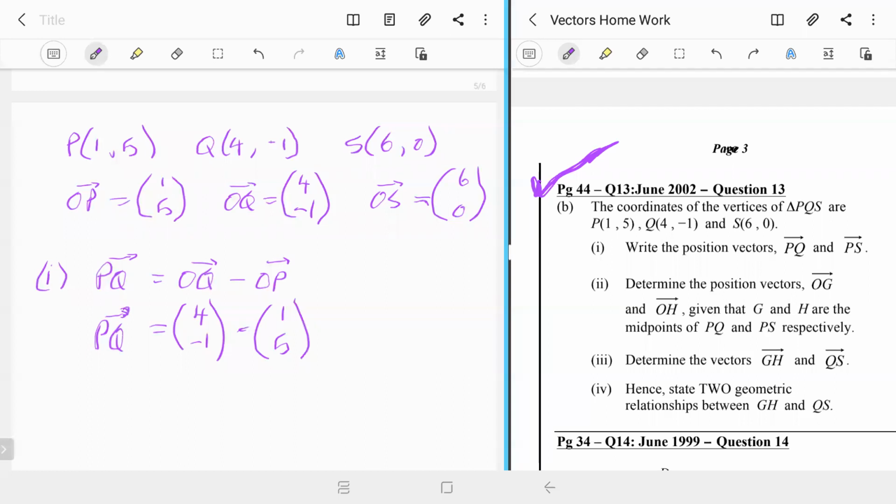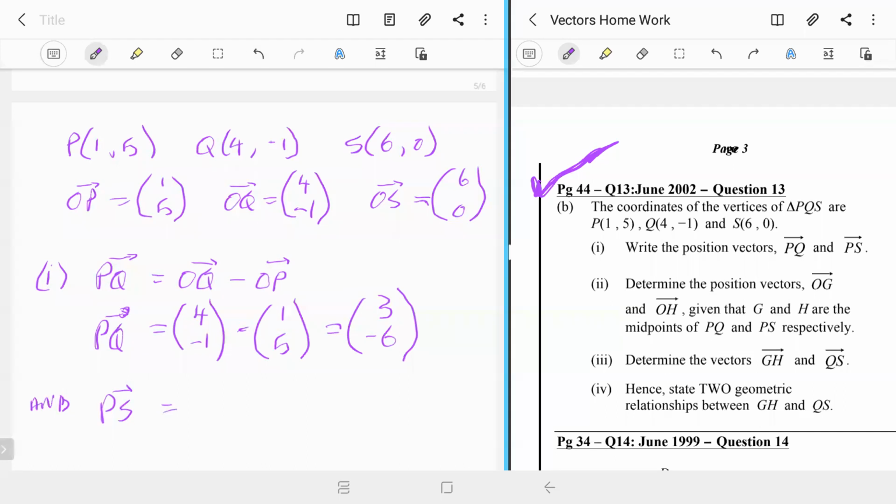All right, and then we're working this out now. 4 minus 1 is 3. And -1 minus 5 is negative 6. So that is my PQ. And now PS.